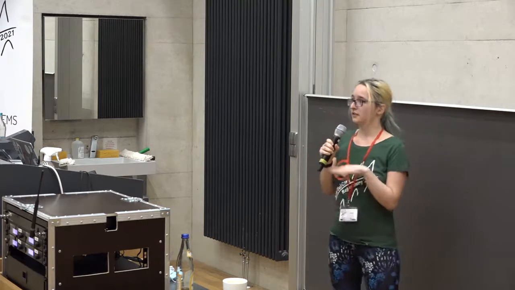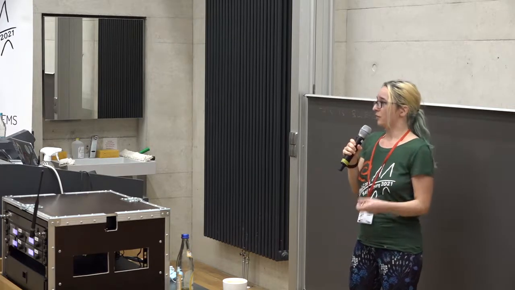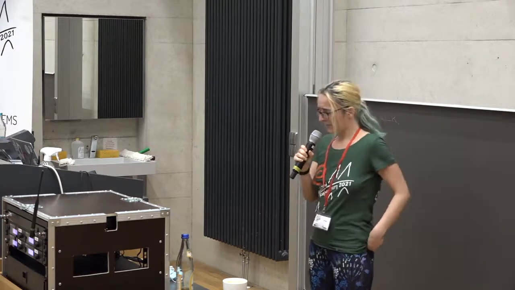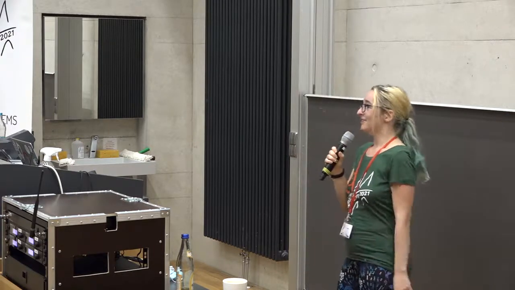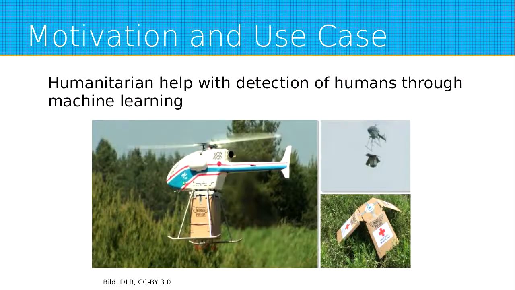So we wanted to use drones to fly packages with goods like water or food into those zones. And to make it as safe as possible, we want to use human detection, so the drones throw the packages at places where it's safe to throw them and no one is harmed.